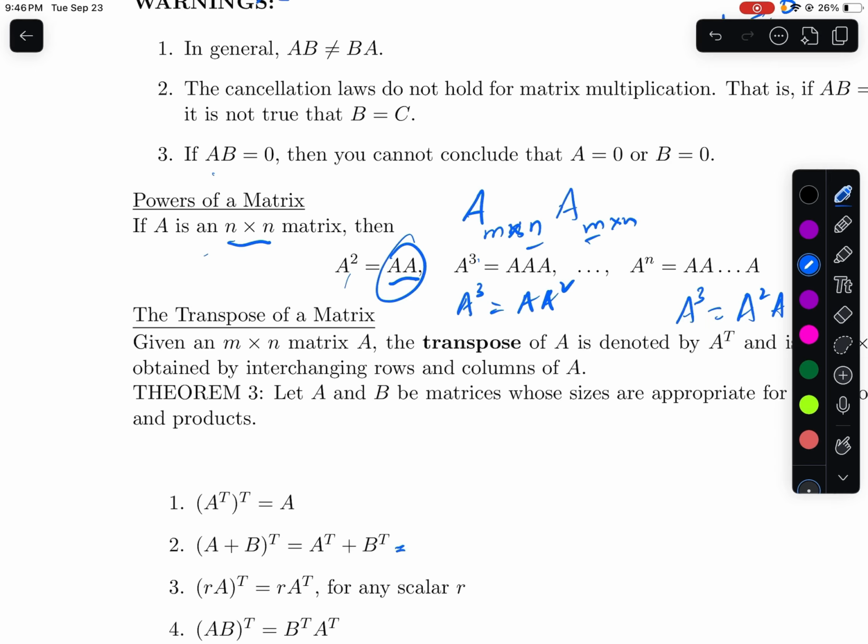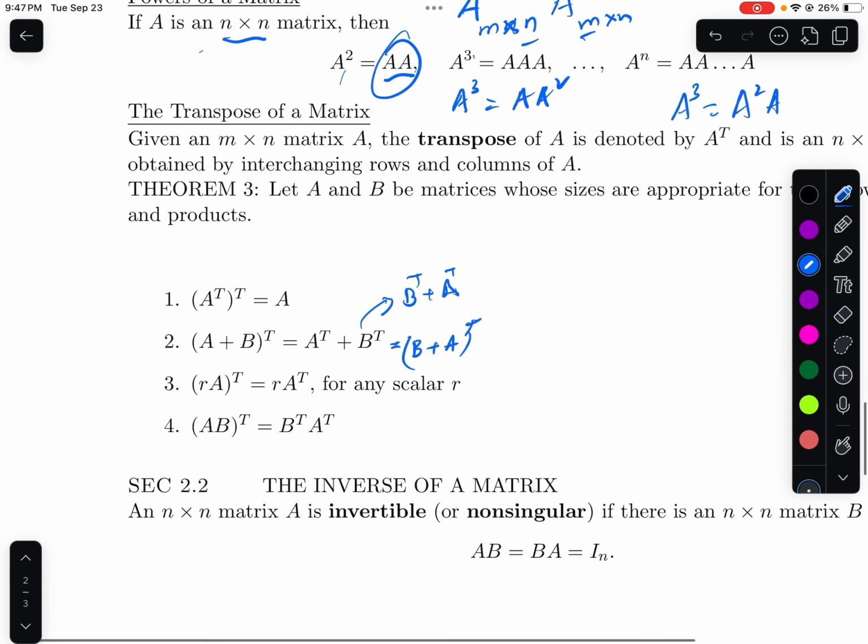Then A transpose transpose, the transpose of A transpose, gives you back A. A plus B whole transpose is the same as A transpose plus B transpose, which is the same as, if you recall, B plus A whole transpose, because this can be written as B transpose plus A transpose. So this also satisfies the commutative property.